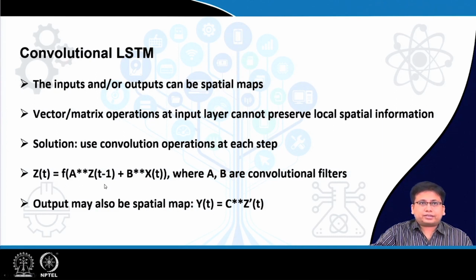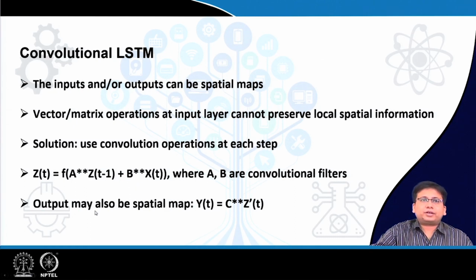In that case the system state Z can also be considered as a spatial map, and these A and B can be considered to be convolution filters instead of transformation matrices, and by this double star I mean the convolution operation. So instead of doing the usual matrix operation, we can do the convolution operation.